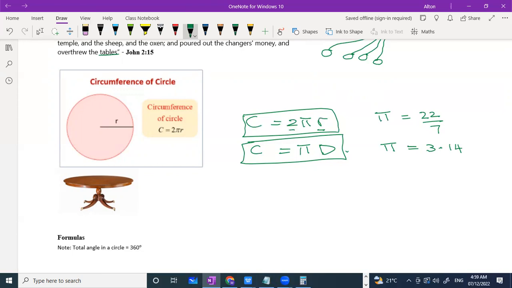Now, one thing we should notice is that if we were to measure all the way around the circle from the center, we will get the total as 360 degrees. And one complete turn, where you begin your measure, forms a circle, and that is also known as one complete turn.